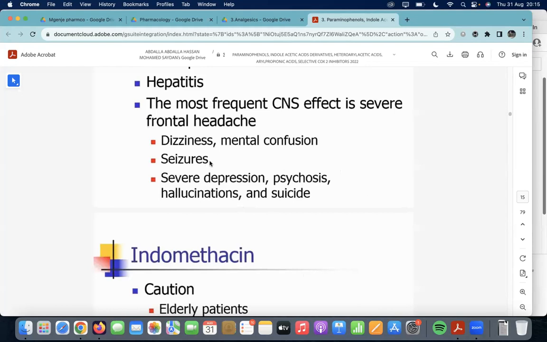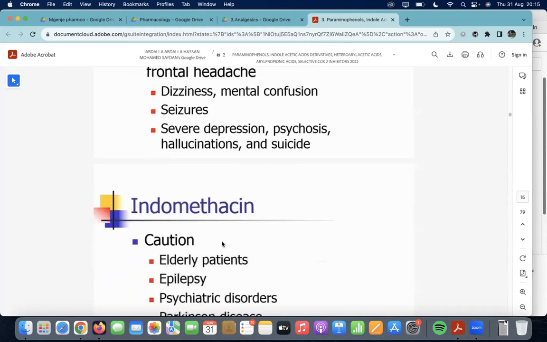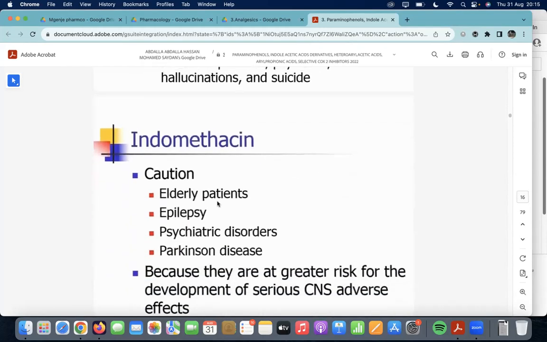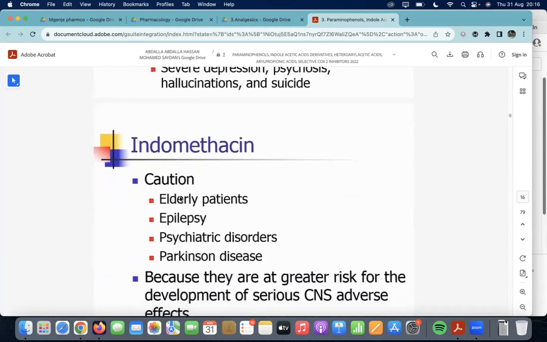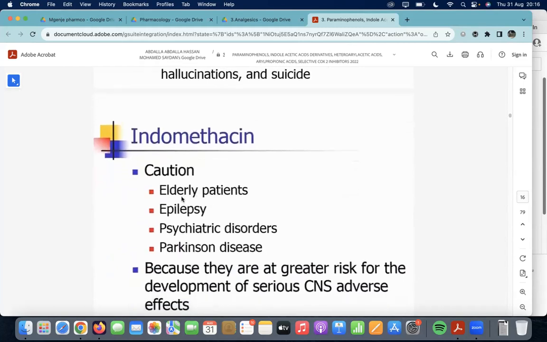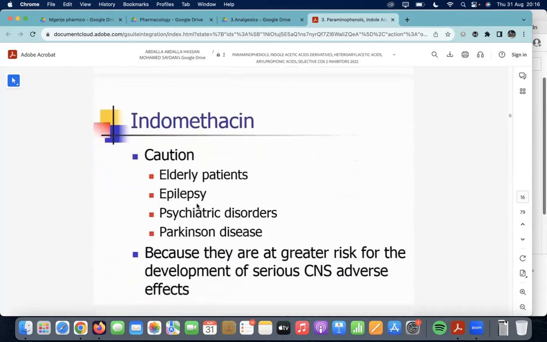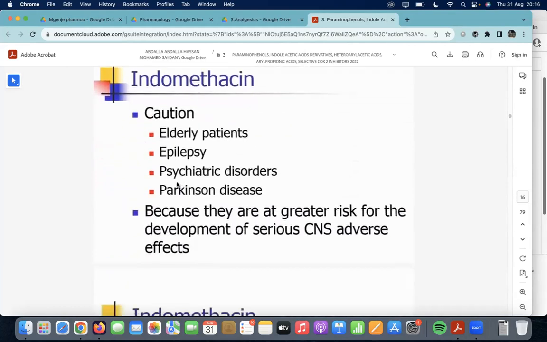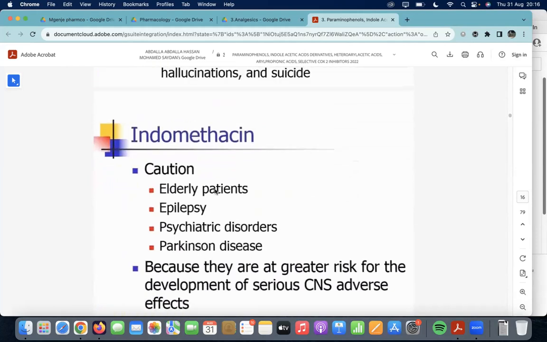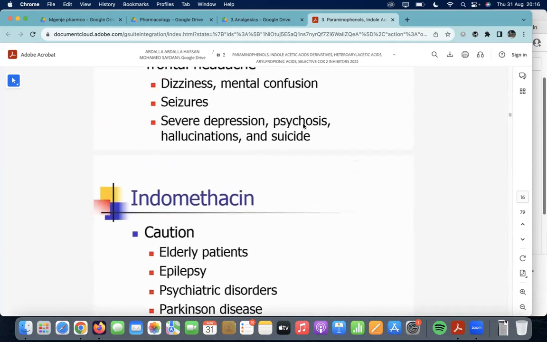Okay, so this was under indomethacin: it can cause seizures. So if indomethacin may cause seizures, you may give the patient anti-epileptic drugs such as phenytoin and the rest. Caution should be given to elderly patients, and in epilepsy, because it can cause seizures. Psychiatric disorder, why? Because it causes psychosis.